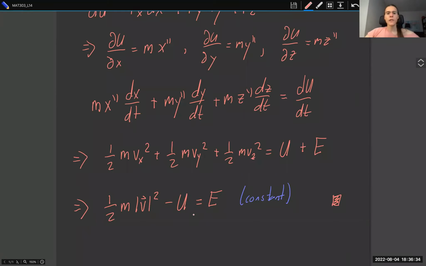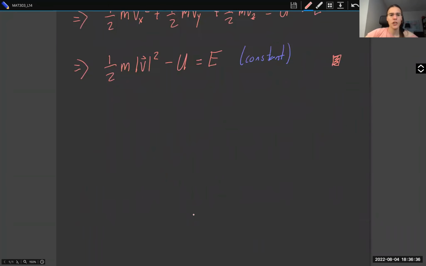Okay, now let's solve for the motion. Maybe I should put a page break here.